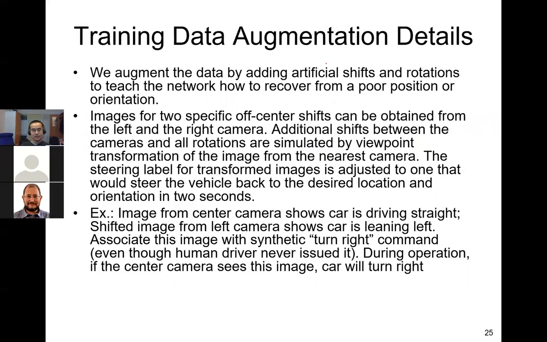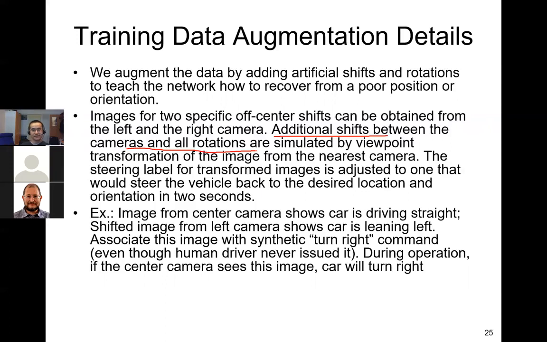So by doing these additional shifts between the cameras and all rotations by viewpoint transformation, you obtain a lot more than 3 images. You obtain the continuous range of different images, and then you can associate artificial steering commands for each such image.